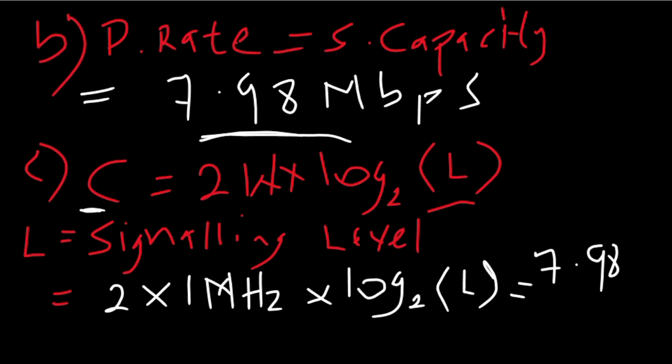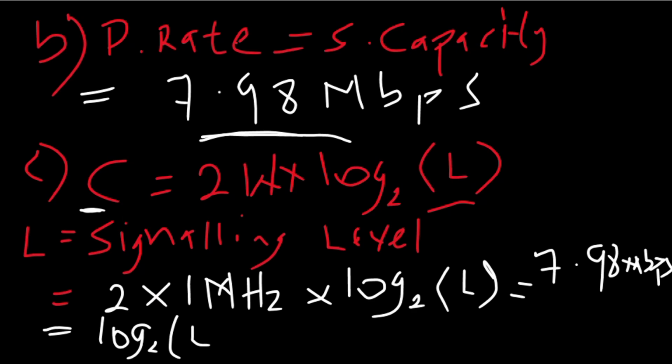Alright, so what do we do next? Since we are making L the subject, what we do first is we divide through by the 2, right? And then the 1 megahertz. So we have mega and mega, so simply they cancel out.